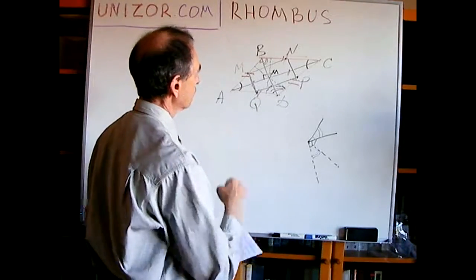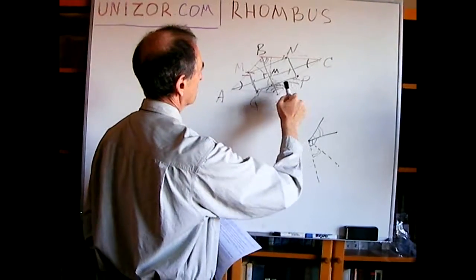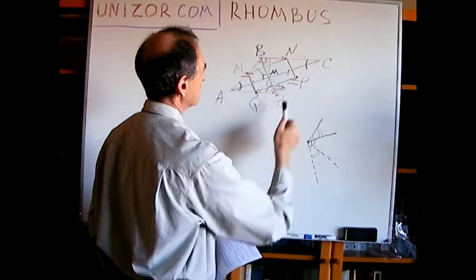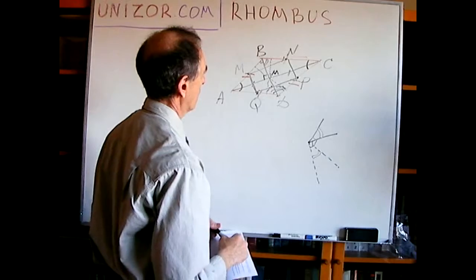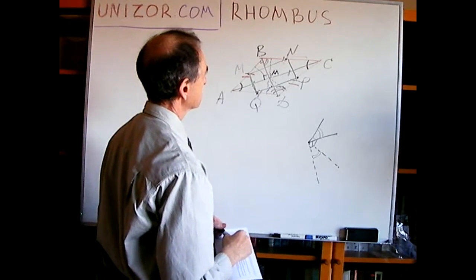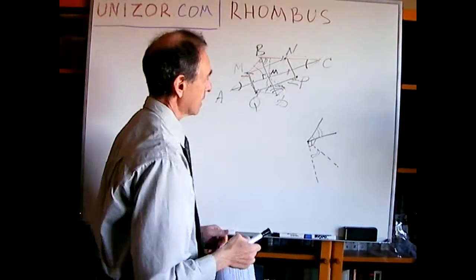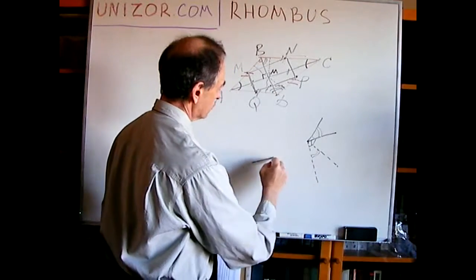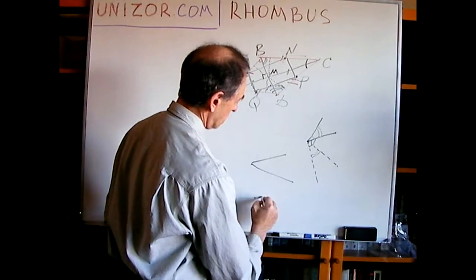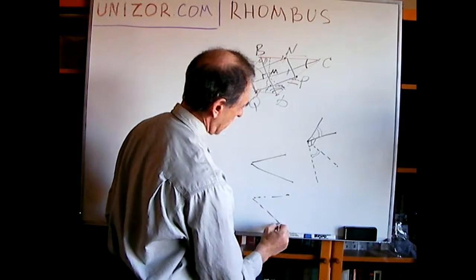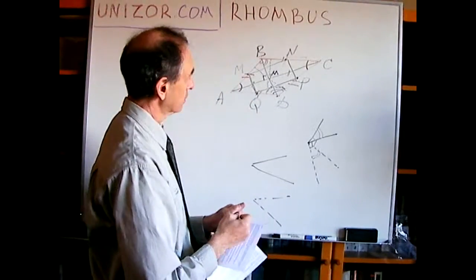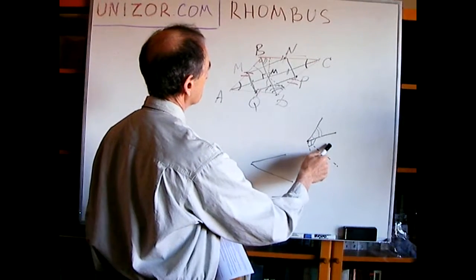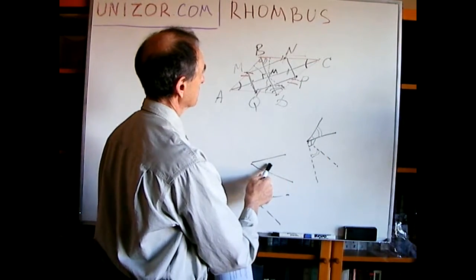So we have two angles, MNP and BMC, with mutually parallel sides. Oh, actually, it's not perpendicular. I have another theorem here. If two angles have parallel sides, then they are also equal or supplemental to each other. Okay, so it's not the perpendicularity of the sides, it's parallelism between the sides.